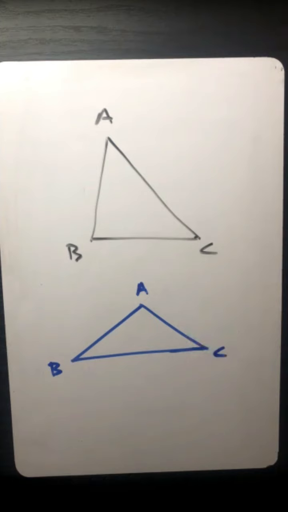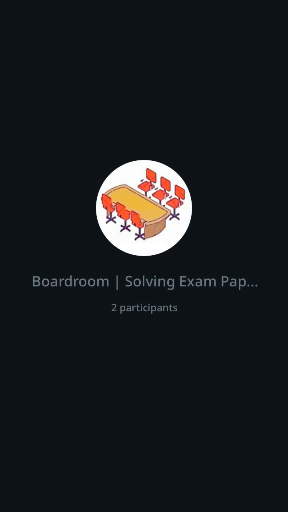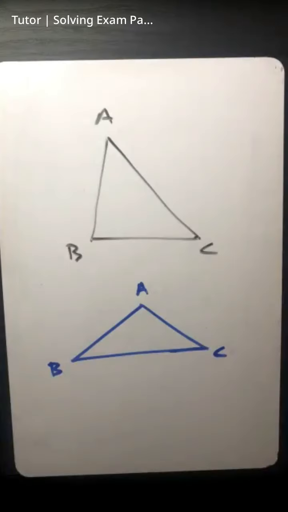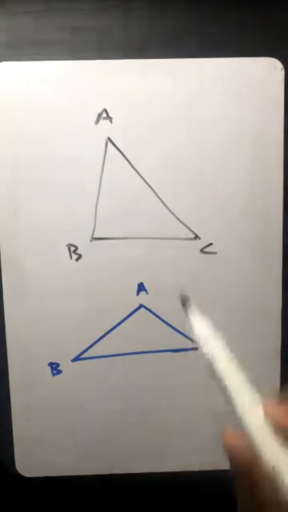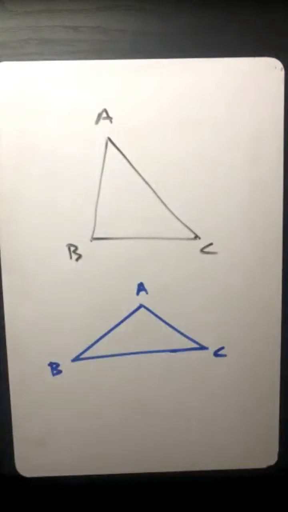Okay, does all of that apply if I ask you which side is hypotenuse? Yes, because it's not a 90-degree triangle. Okay, who said this one is a 90-degree triangle?